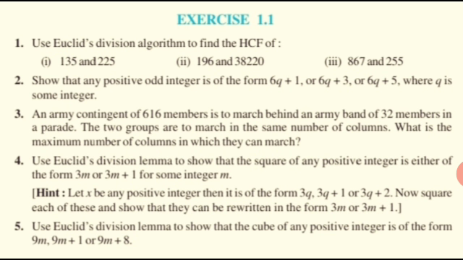It is obvious that the number of columns will be either the smaller of these two numbers, that is 32, or any number that is lesser than these two numbers but a factor of both, because 32 as well as 616 will be multiples of that maximum number of columns.